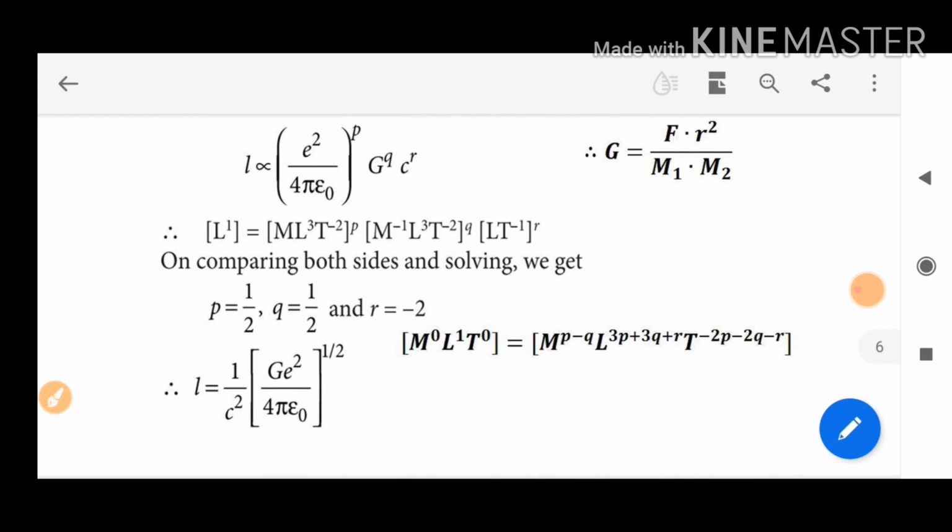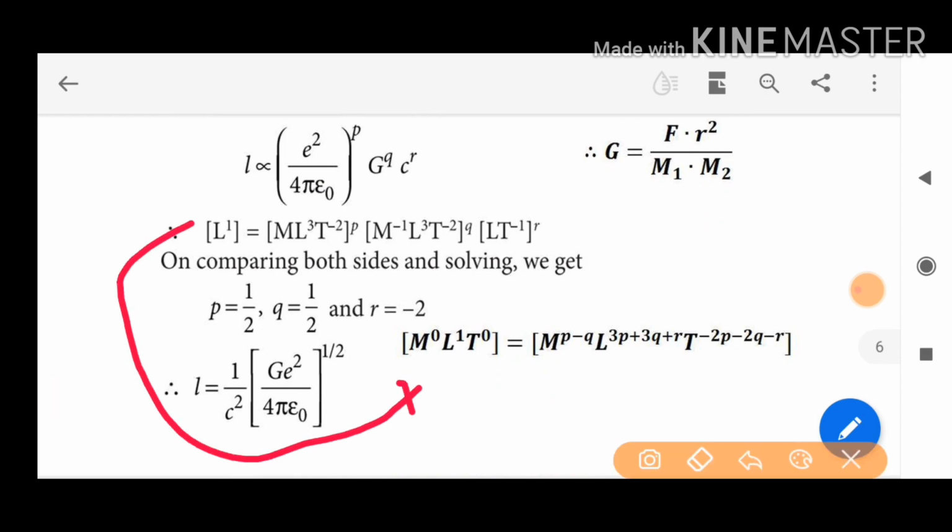Now you get this. Here on the left side there is only L to the power 1, so you write M to the power 0, L to the power 1, T to the power 0.